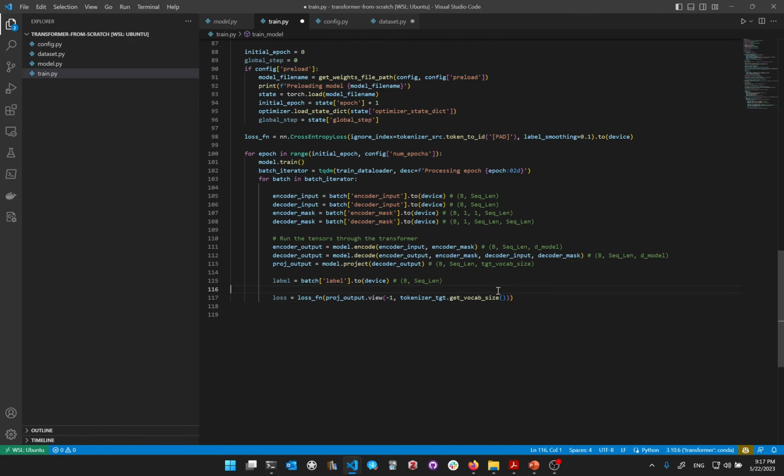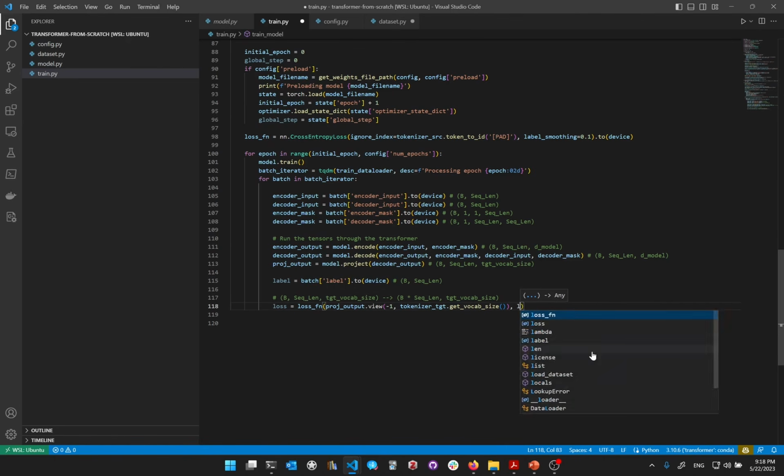This basically transforms this size into this size, B multiplied by sequence len and then target vocabulary size. Okay, because we want to compare it with this. This is how the cross entropy wants the tensors to be. And also the label.